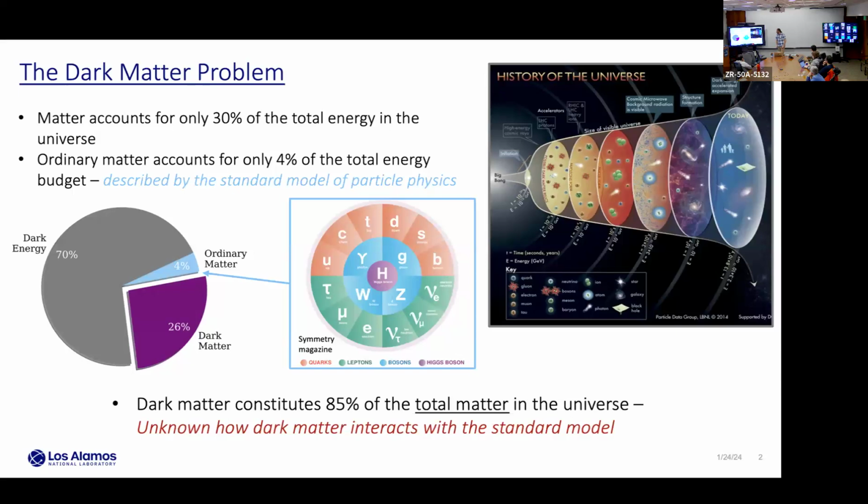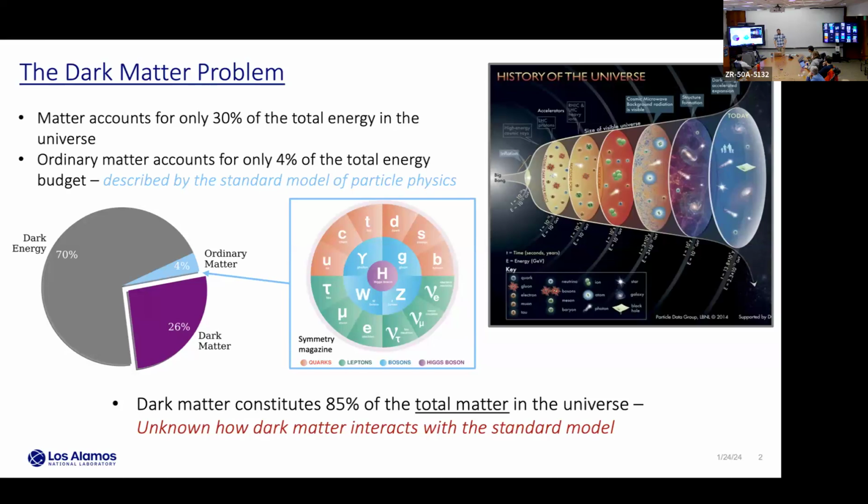So of the total energy, only 4% of it can be described as ordinary matter, which is very well understood and described by what we call the standard model of particle physics, which is all the fundamental building blocks that make up all the matter that we see every day.